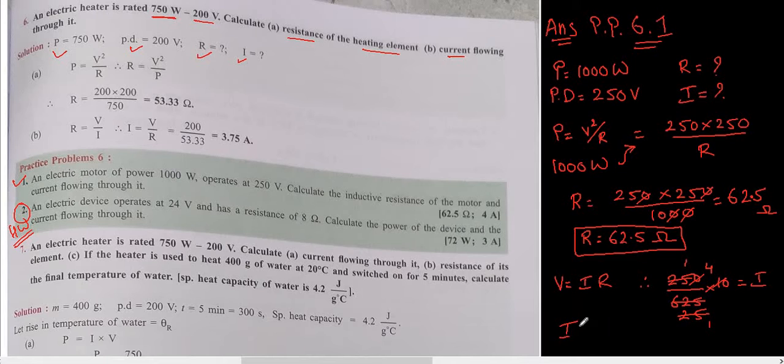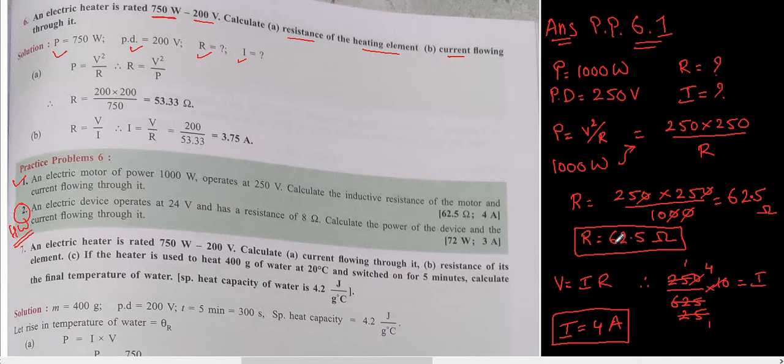So I is equal to 4 ampere, and then make a box. Understood? So we got R is equal to 62.5 ohms and the current is 4 ampere, that is the current passing through it. So this is the way we do the sum. I hope you understood this sum. It is pretty simple and pretty easy.